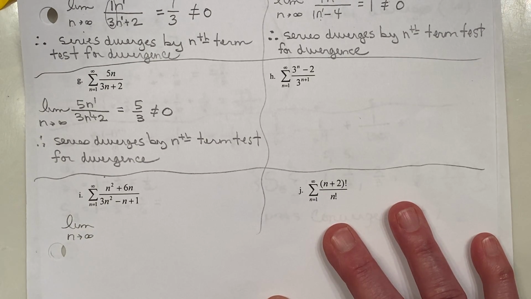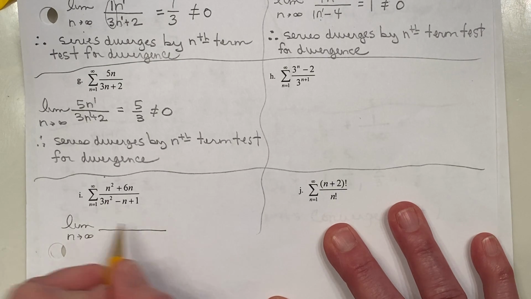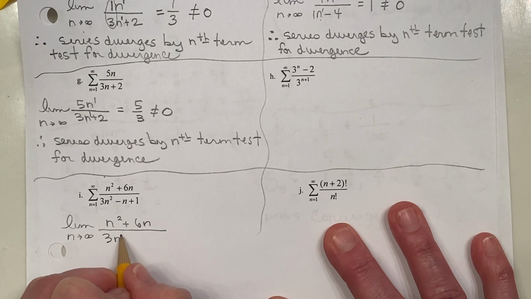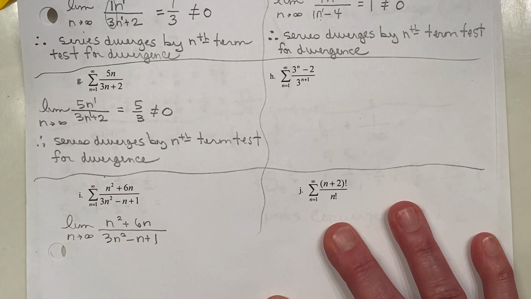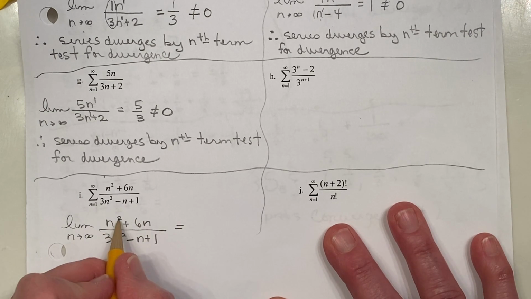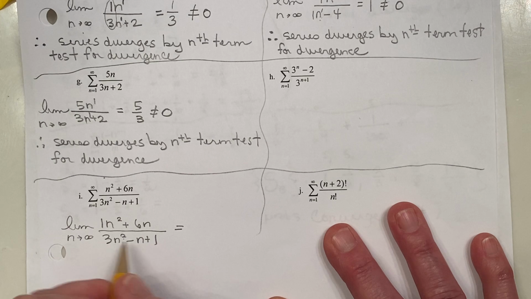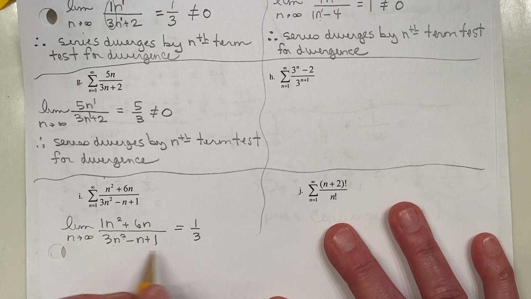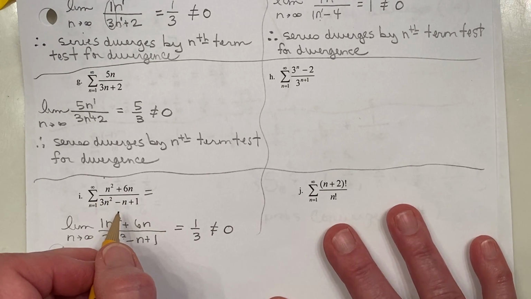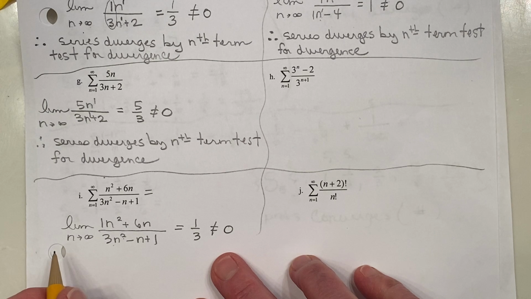We're using the nth term test for divergence, so we find the limit of the nth term. The rational function, if we change all n's to x's, same degrees, ratio of the coefficients, 1/3. We don't look at these other terms because the most impact on these numerical values will come from the higher exponents. So this series, if you were to generate a bunch of terms based on this formula, would be said to diverge.